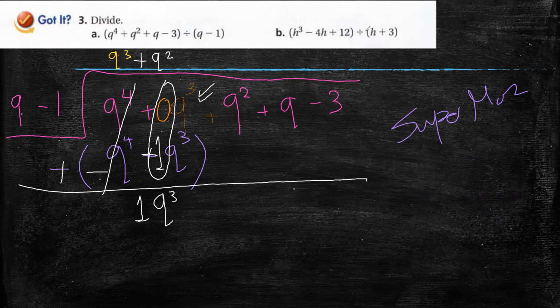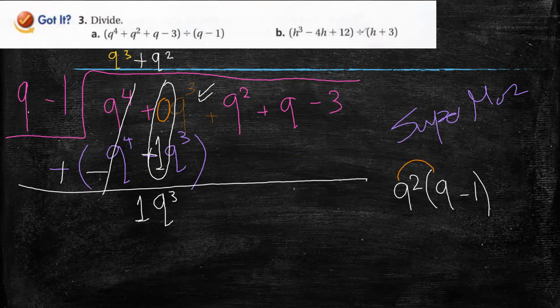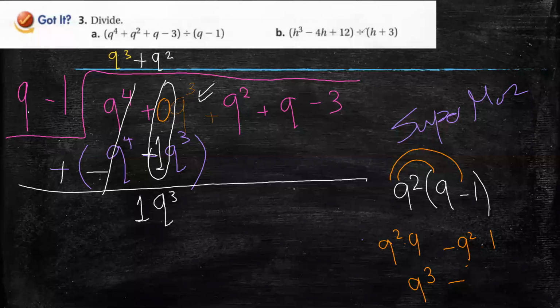When I want to multiply, I have to multiply by the whole divisor, by all of this. So let's now multiply q squared times q minus 1. q squared times q minus q squared times 1. So it's q cubic minus q squared.